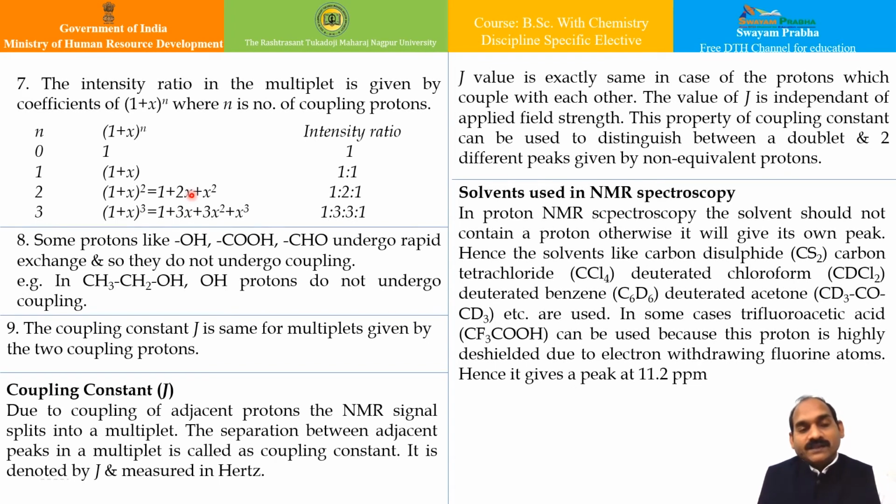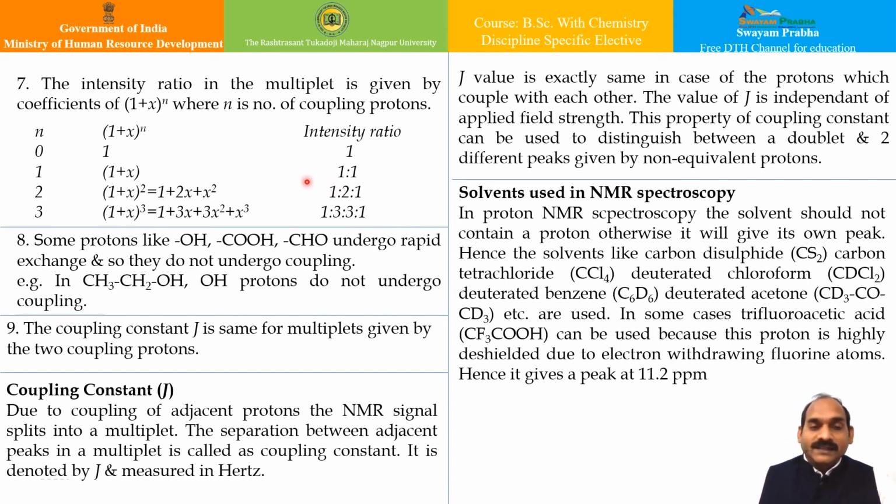In spin-spin coupling, the signal splits, and the intensity ratios of the split signals in the multiplets are given by the Pascal triangle. Now, on what basis does the Pascal triangle give you the signal?